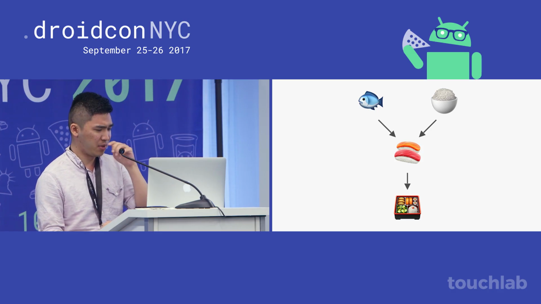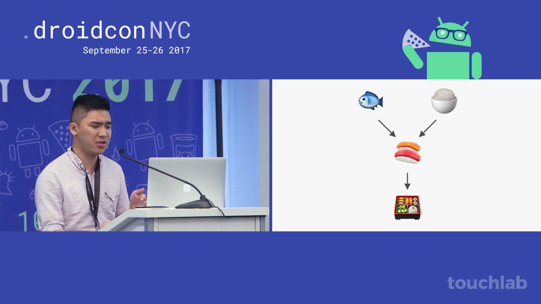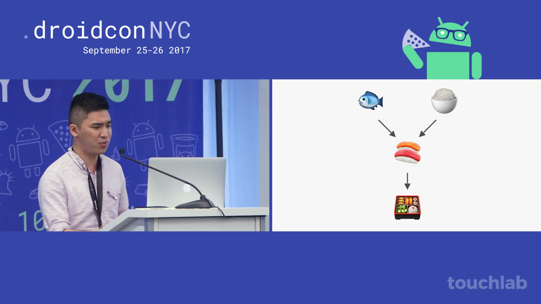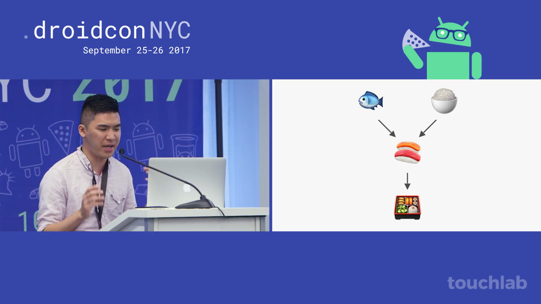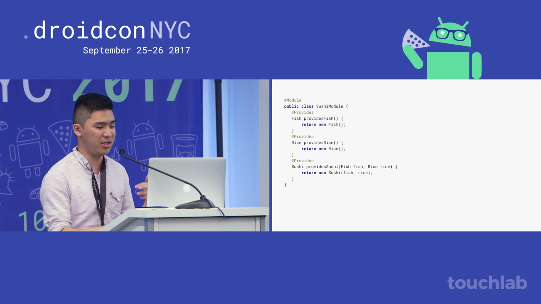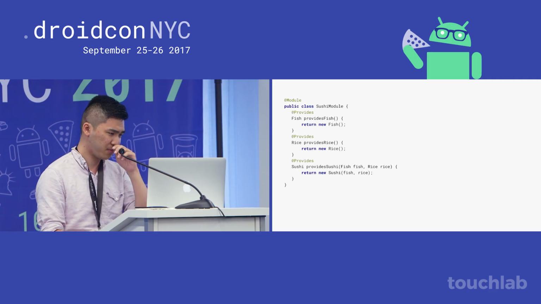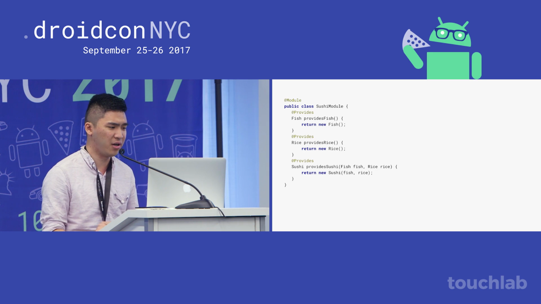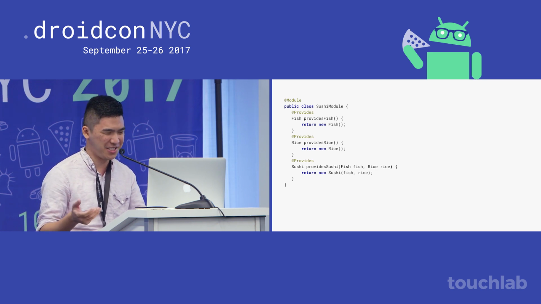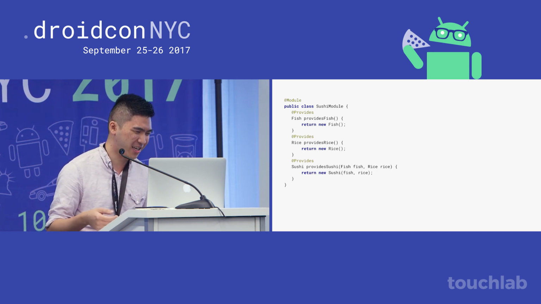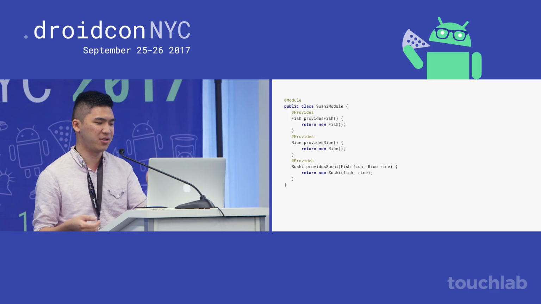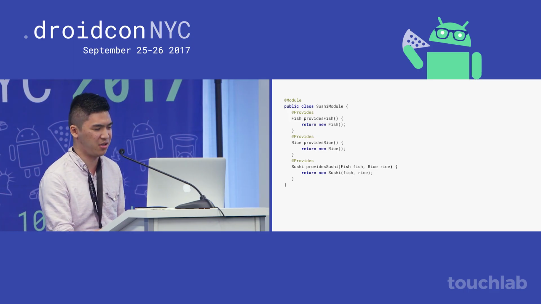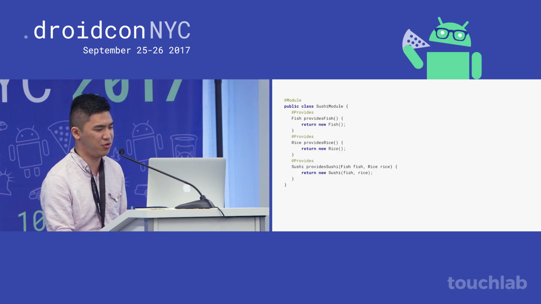But here I'm going to use the bento box to represent the activity, and the sushi to represent some sort of dependency that activity needs. So here with Dagger, we've got a sushi module. We've got fish, we've got rice, and you've got the sushi that depends on the fish and the rice, and it creates a new piece of sushi.